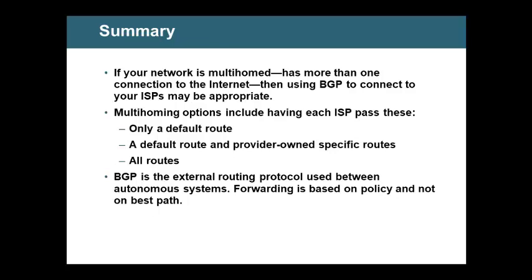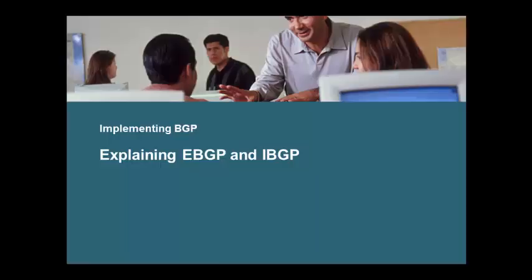BGP is enabled between two autonomous systems so that the network information from one autonomous system will come to another autonomous system. We call that BGP relationship eBGP.